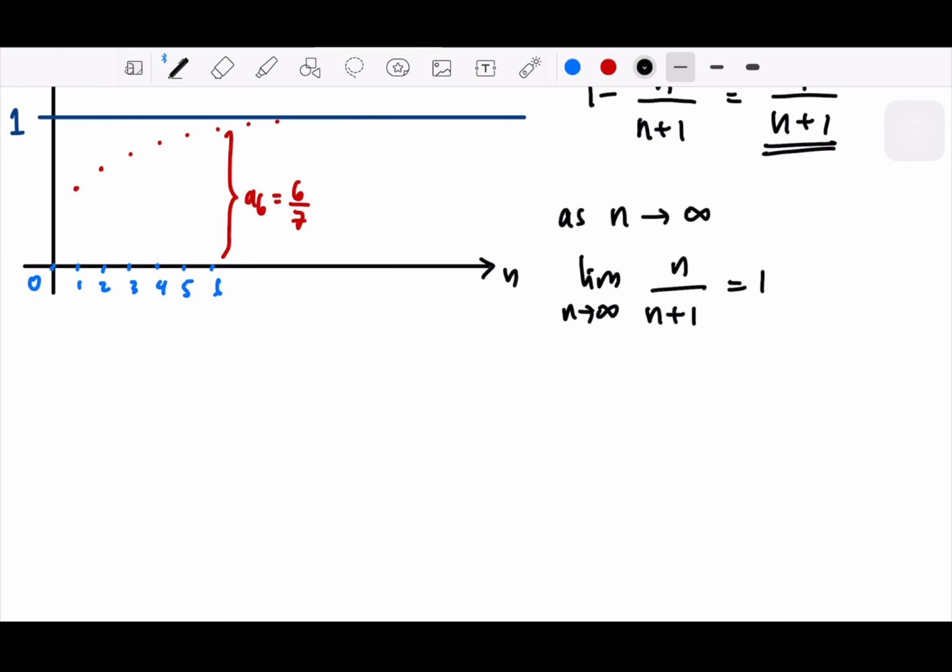Or in general, we can write the limit as n approaches infinity of our sequence will be equal to some L. So it means that the sequence will approach L, or we can write an getting closer to L as n getting larger.